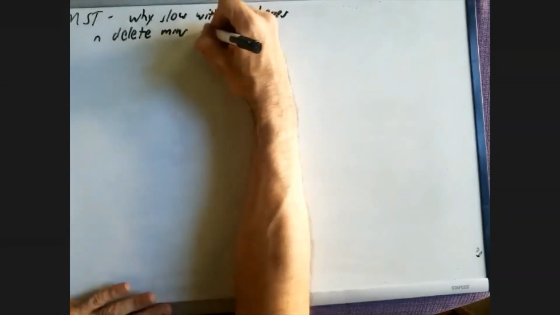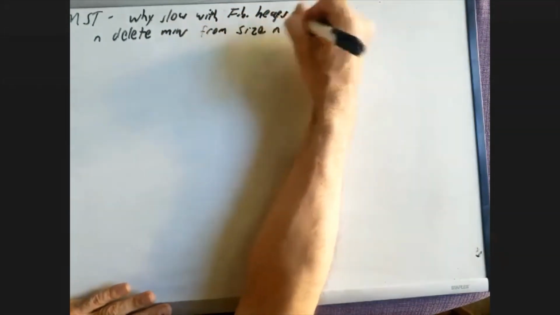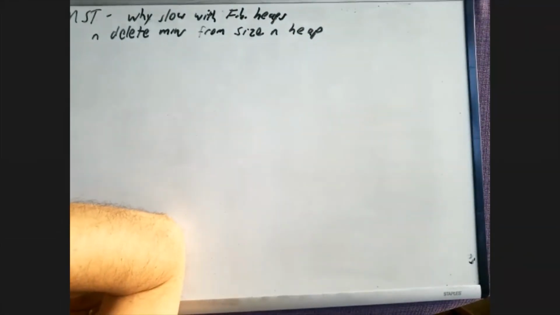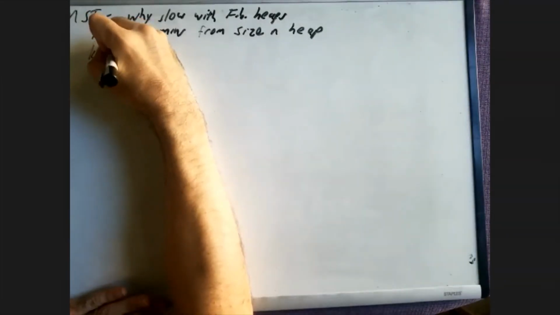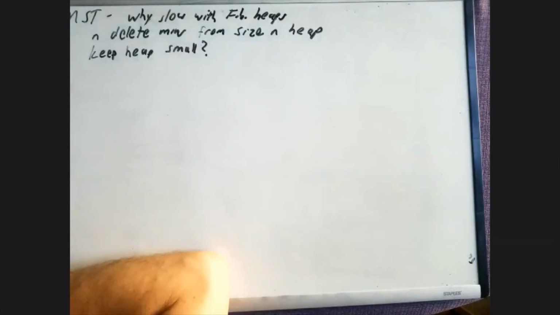The problem is that we're deleting from a size n heap, so each of those delete mins takes log n time. Fredman and Tarjan had this idea: can we keep the heap small? Because deleting from a small heap will be fast.